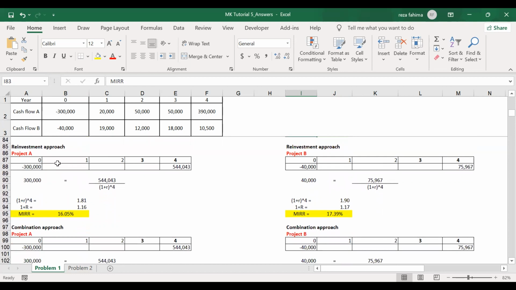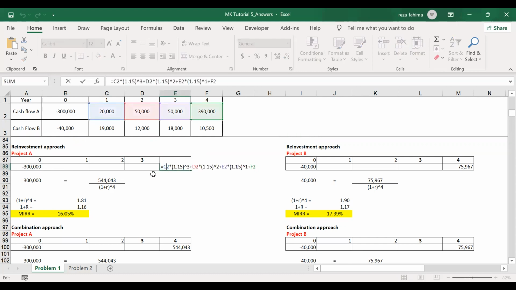So in the reinvestment approach, we compound all of the cash flows, whether negative or positive, into the last period of the investment. In this case, we compound all the cash flows from year 1, 2, and 3, except for the initial outlay, to the 4th year of the investment. And it becomes like this. Because we compound it, it means that we multiply instead of divide.